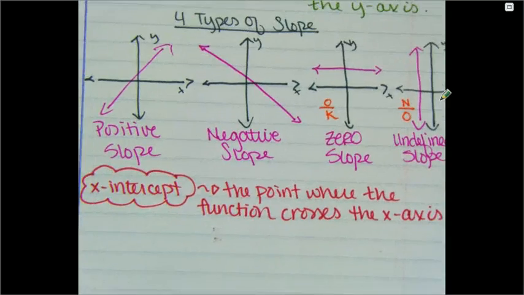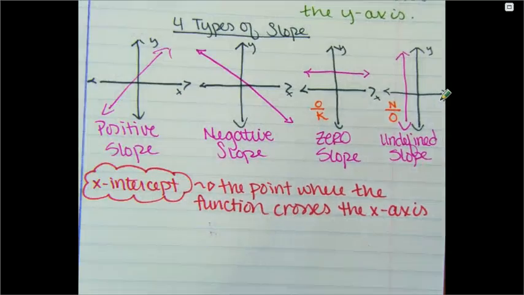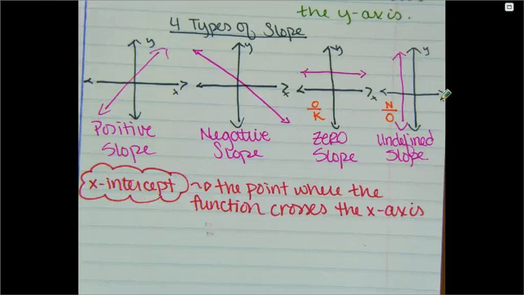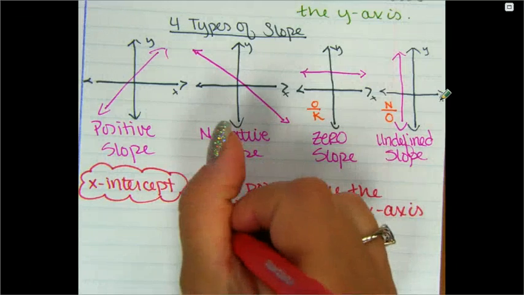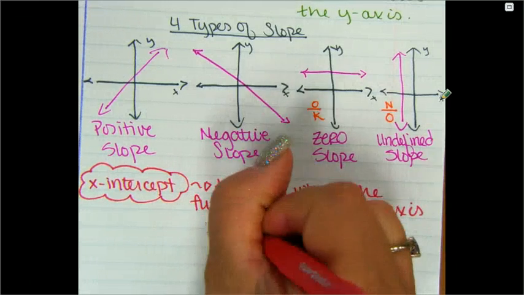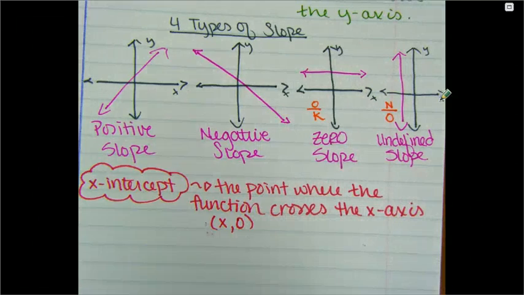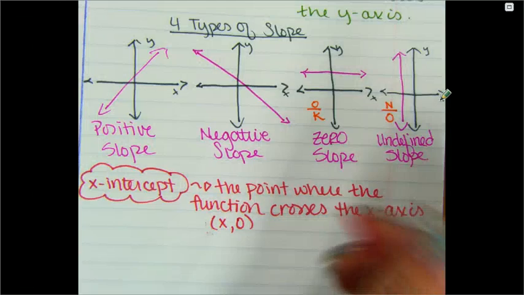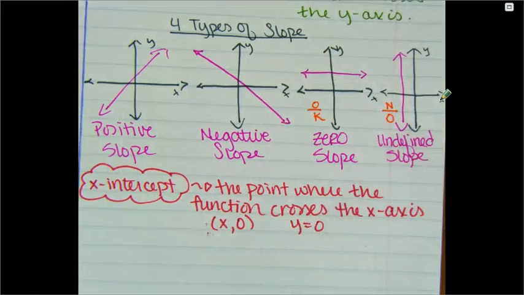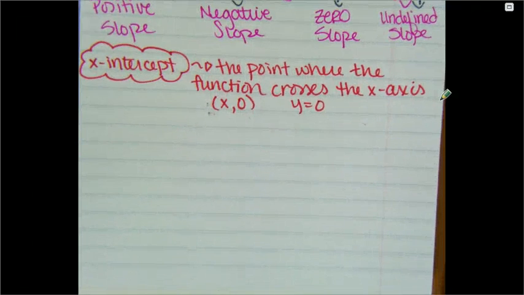The point where the function crosses the x-axis. Since it's on the x-axis, you have x comma 0. X comma 0. Which means your y is equal to 0 every single time. We could also solve it if we really wanted to. Most of the time it's just by looking at a picture. But we could solve it.